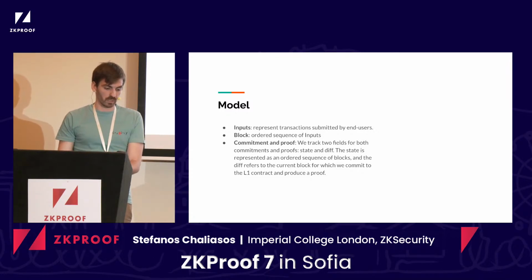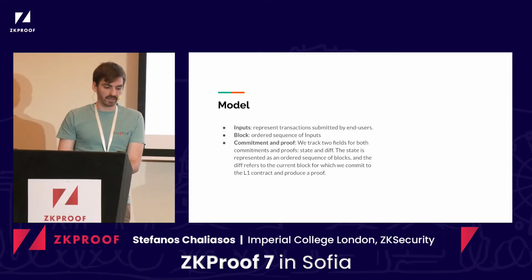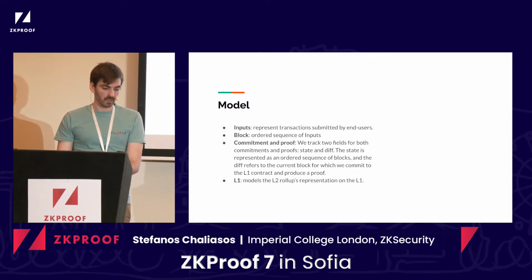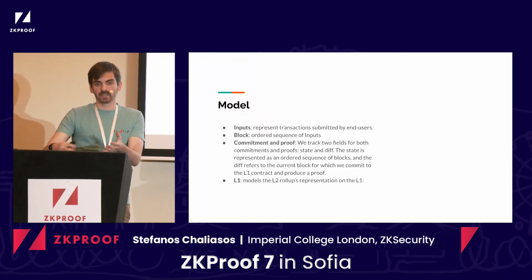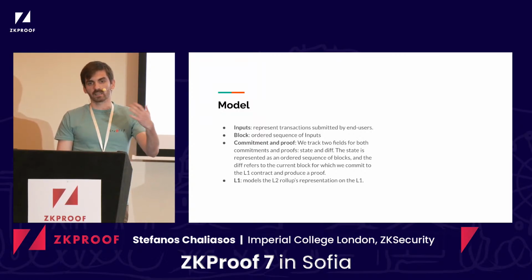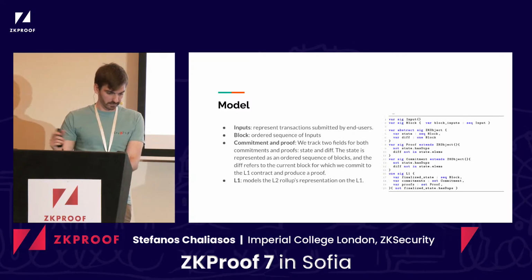For both of these, we keep track of the state, which is the existing state of the rollup, and a diff, which is what we commit or for what we create a proof. And we also have in the L1 our contract that models basically the L2's representation on the L1. So what is the state of the L2, what commitments we have, what proofs, etc.